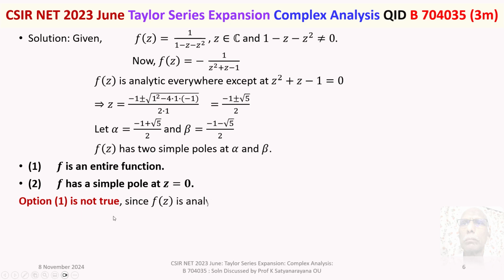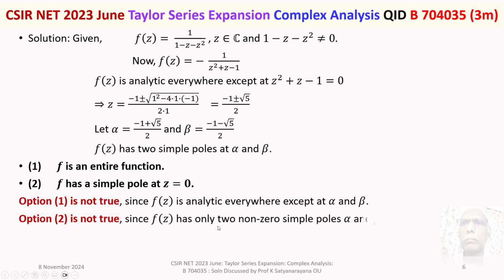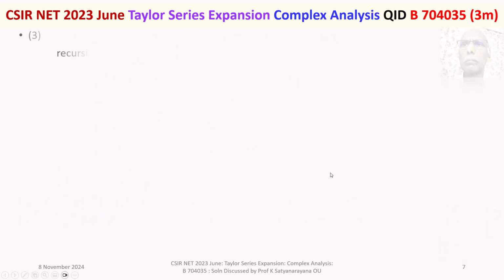So option 1 is not true, because f of z is analytic everywhere except at alpha and beta. And z is equal to 0 is not a simple pole for that. So option 2 is not true, since f of z has only two non-zero simple poles, alpha and beta, and z is equal to 0 is not a simple pole for f of z. Agreed. We continue our discussion in the next slide.